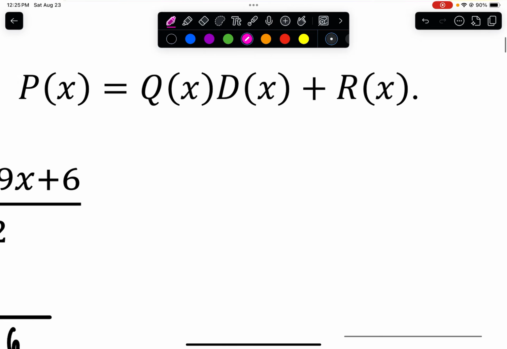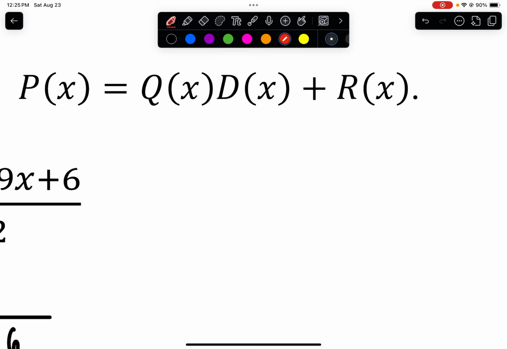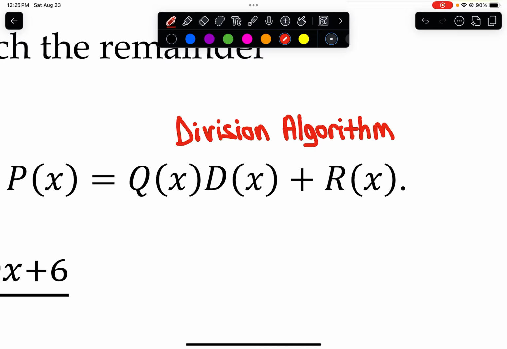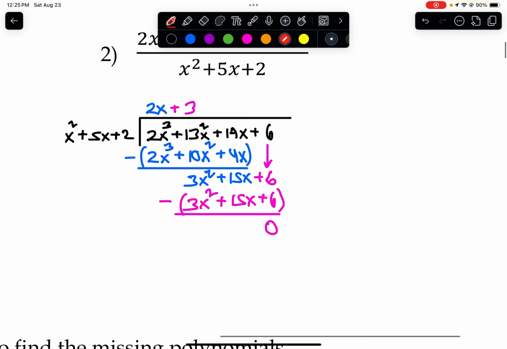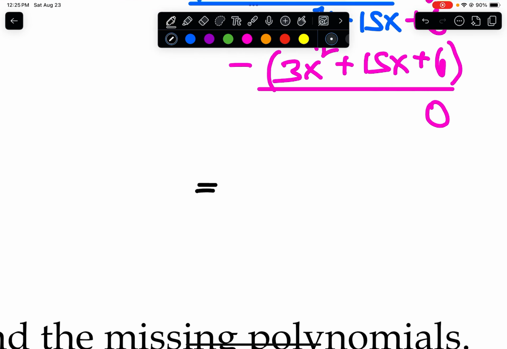So we're still going to write your answer in terms of the division algorithm that's up here. So as I mentioned, this is called the division algorithm. All right, so when I write it using that division algorithm, that means I'm going to have the quotient, which is going to be 2x plus 3.